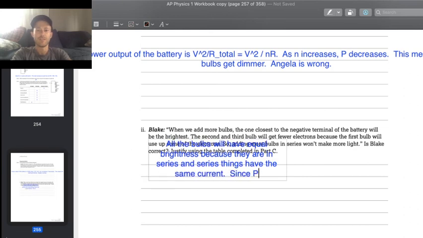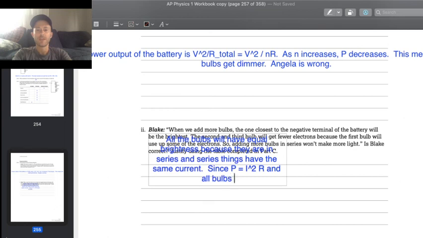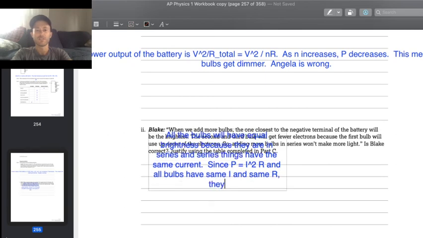Since P equals I squared R, and all bulbs have the same I and the same R, they're all just as bright.